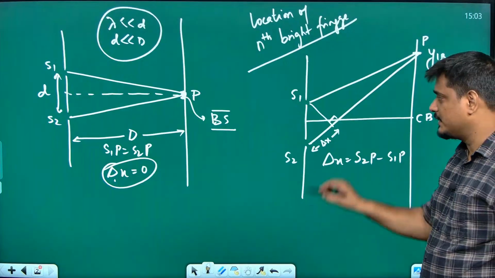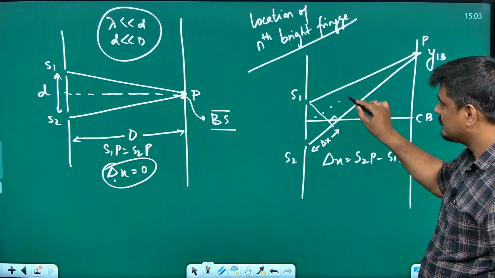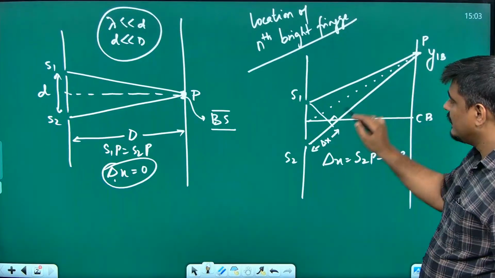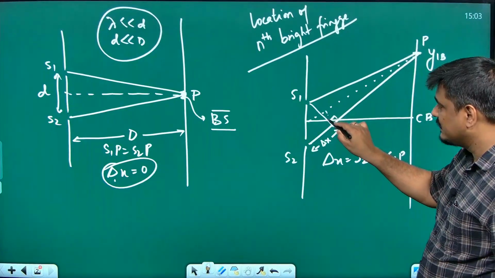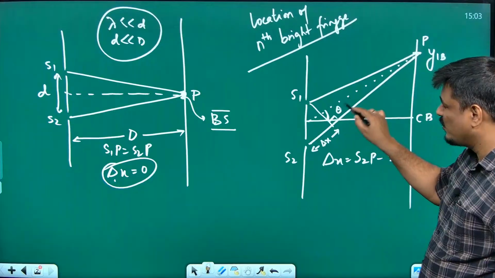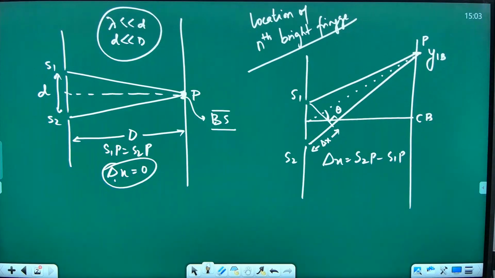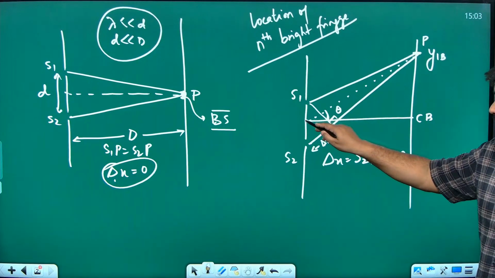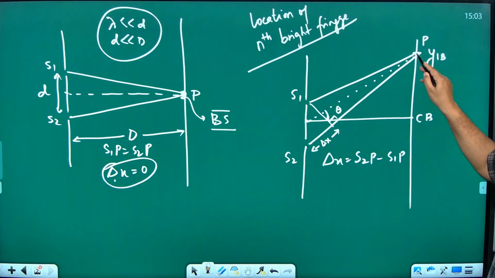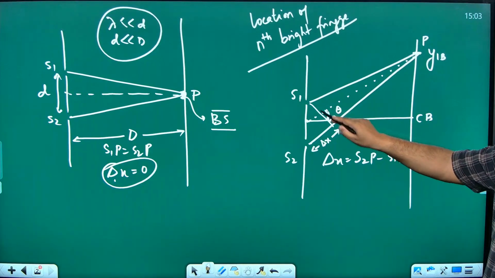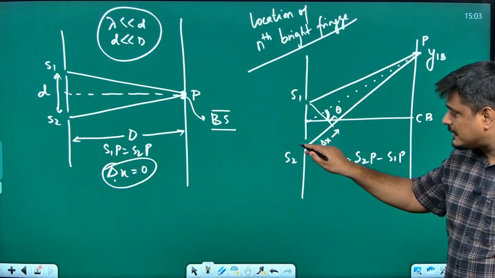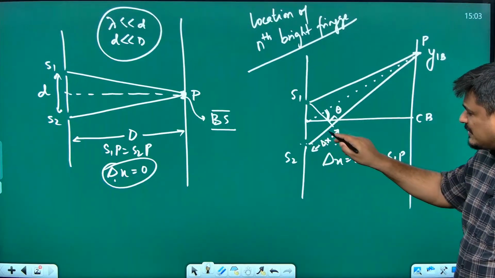One more thing, please pay attention. If I take this angle from the center as theta, do not confuse. The central point is there, I have joined it to that location, and this angle I am taking as theta. This angle will also be approximately theta.